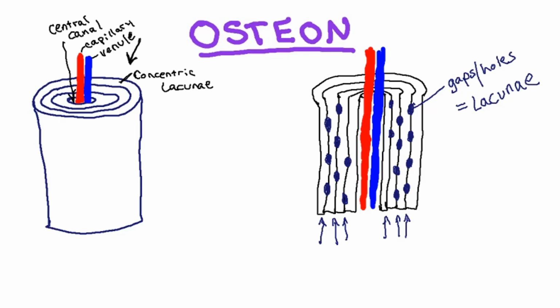And let me get a different light color here. Inside the lacuna, inside each lacuna is one osteocyte. And the osteocyte lives in the lacuna. And these are where the actual bone cells are.